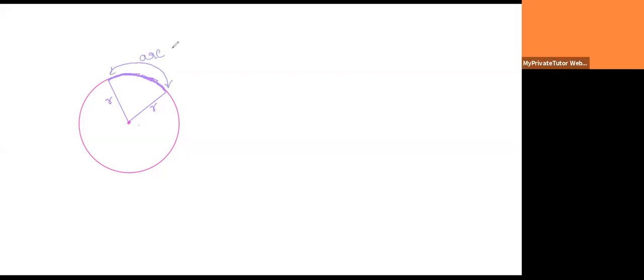This is the arc of a circle, which means a portion of the circumference of a circle is an arc. As you said, it may be a quarter of the circumference. I totally agree, but I didn't take any measurements, I just drew it randomly. But what do you mean by arc?